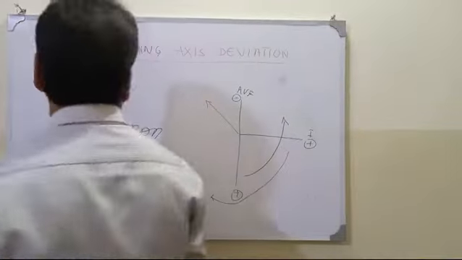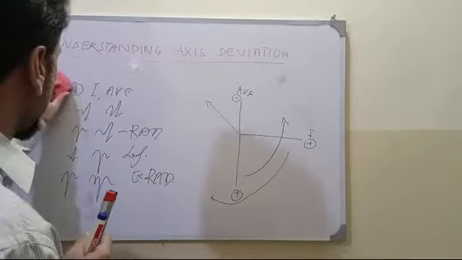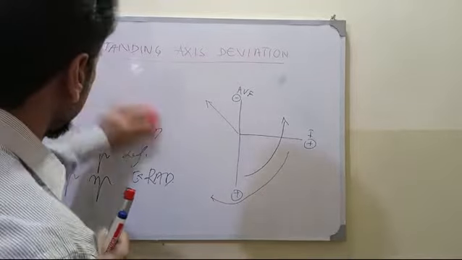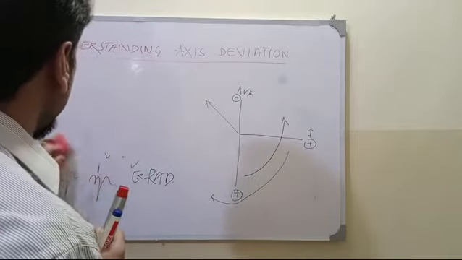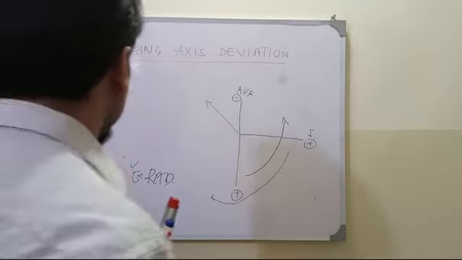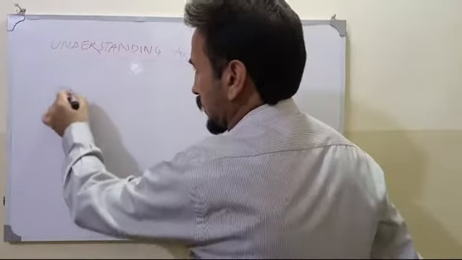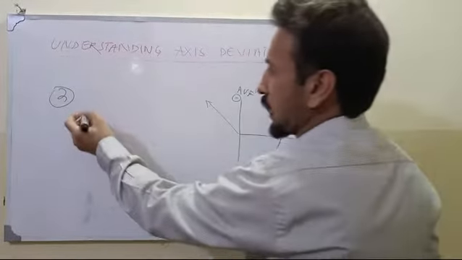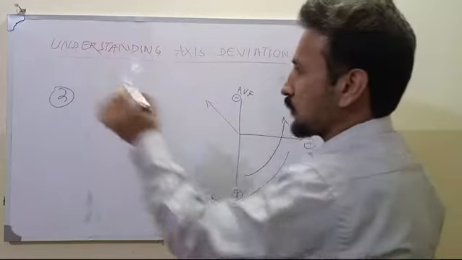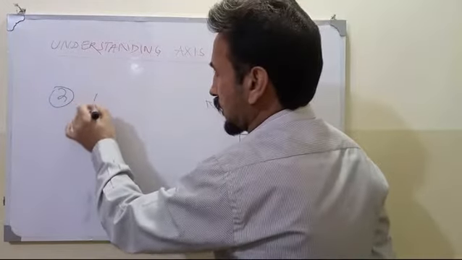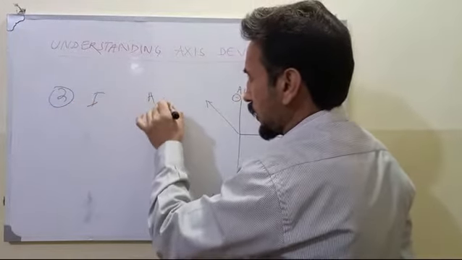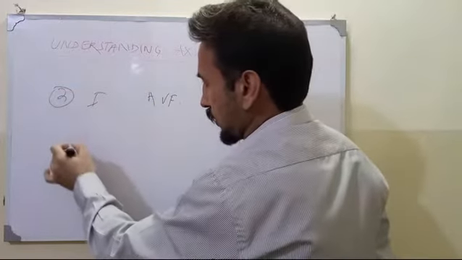The second method is also related to the vector, using lead 1 and AVF. First we have to determine the QRS complexes in lead 1 and AVF from the ECG.